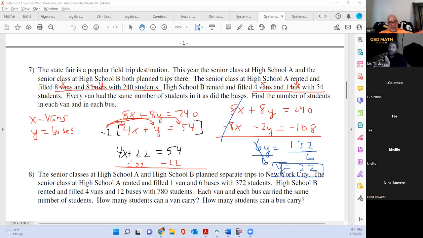So we get 4x equal, what is 54 minus 22? 32. In order to get x by itself, we need to divide both sides by 4. On the left, the 4's cancel. We're left with x. What's 32 divided by 4? 8.